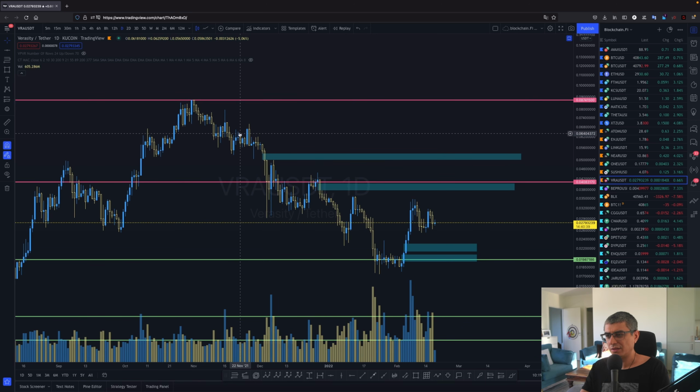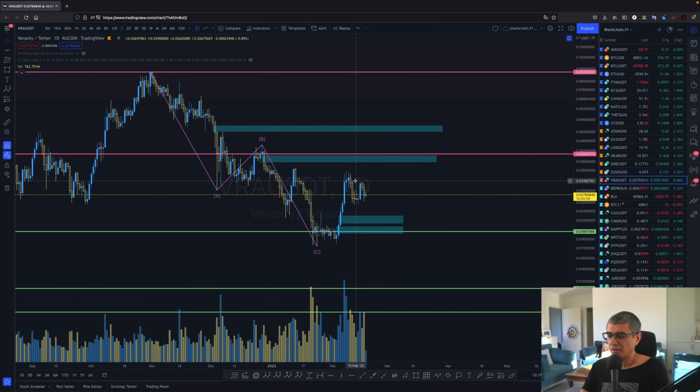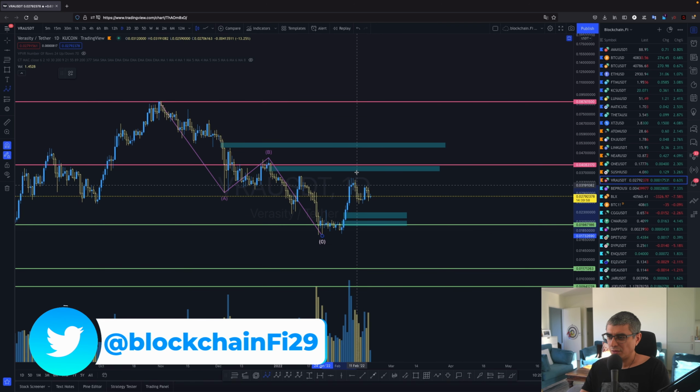What is this? Do we have an ABC correction here? Something like this. If this is the case and this is over, maybe this could also be here. Then this could be the first leg of a new impulse wave, and it could be something like this.